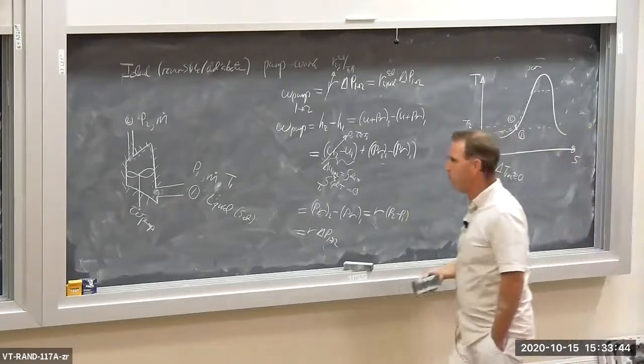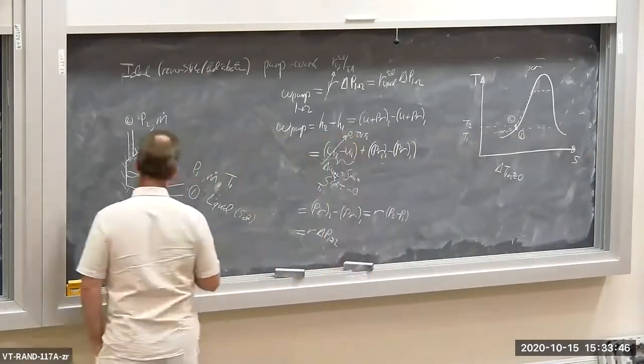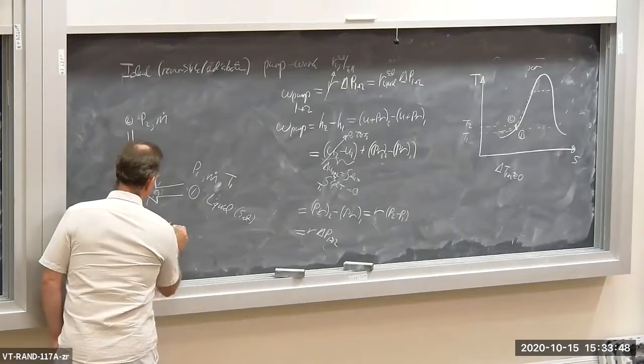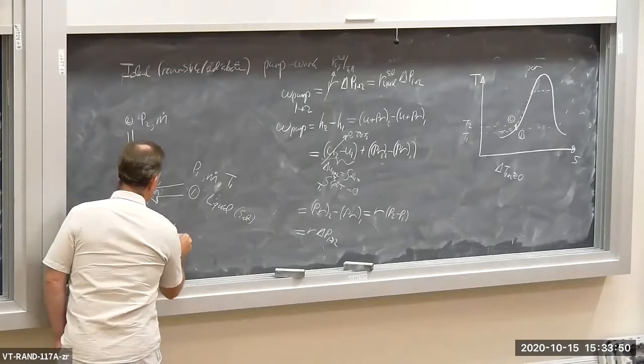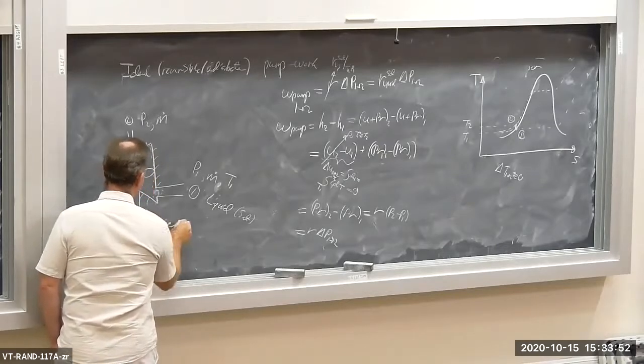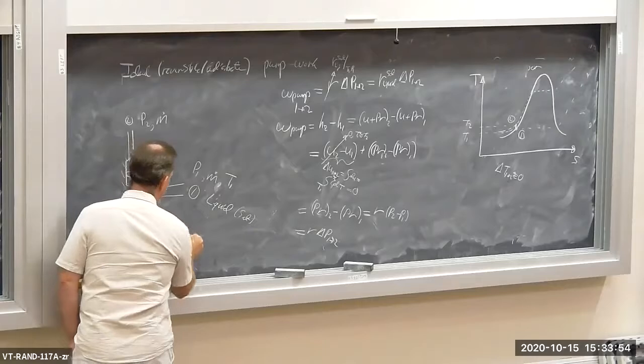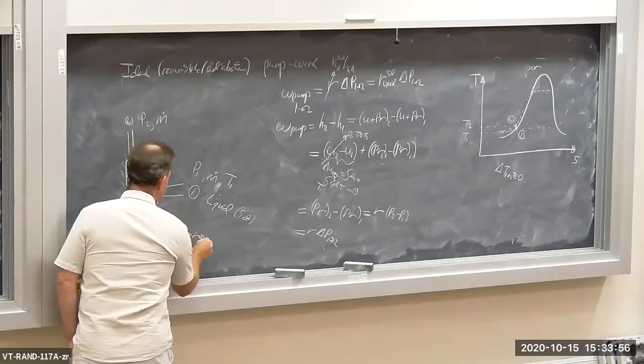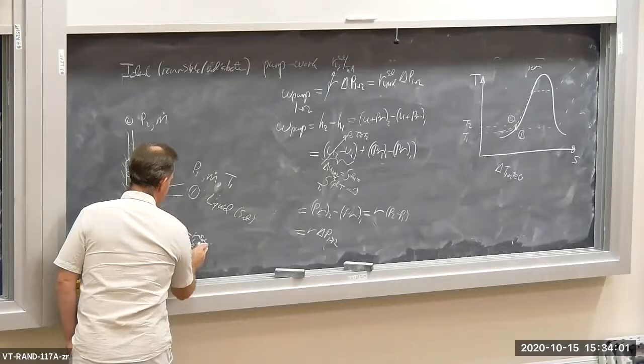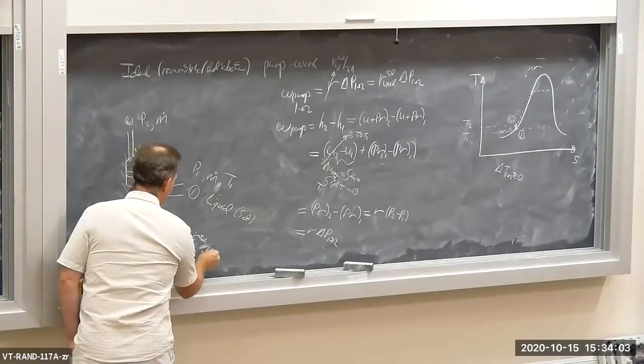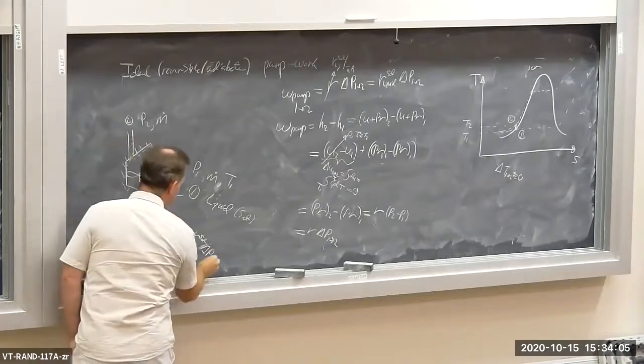So the expression for reversible pump work, W pump, is V sat liquid times delta P from the inlet to the outlet.